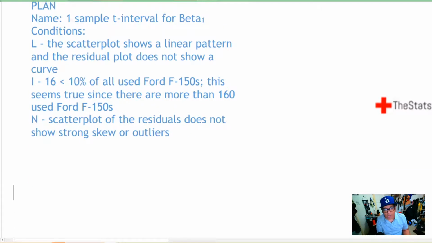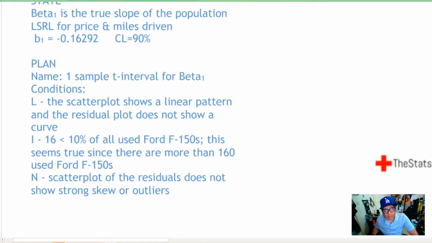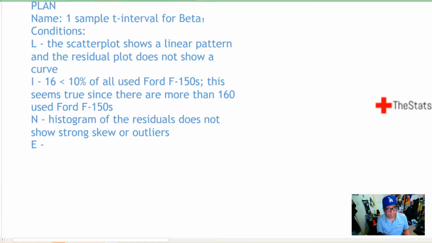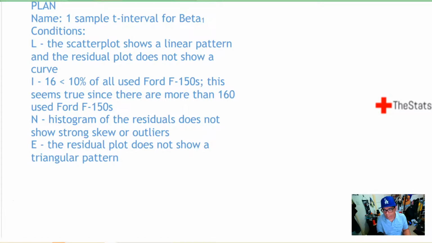The scatter plot of those residuals does not show strong skew or outliers. I'm going to scroll up to take a look at that again. And actually, this isn't a scatter plot, this is a histogram. So let's go back and change that to histogram. The histogram of the residuals doesn't show a strong skew or an outlier. Next, we have E for equal standard deviation. Our residual plot does not show a triangular pattern, so we're good there.